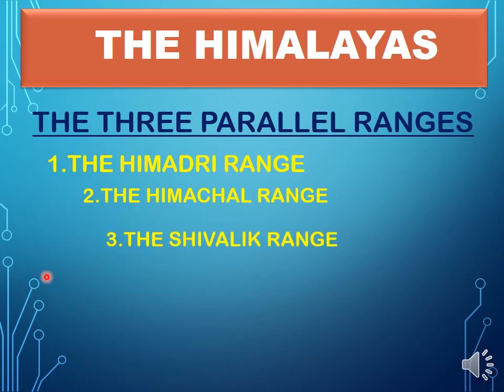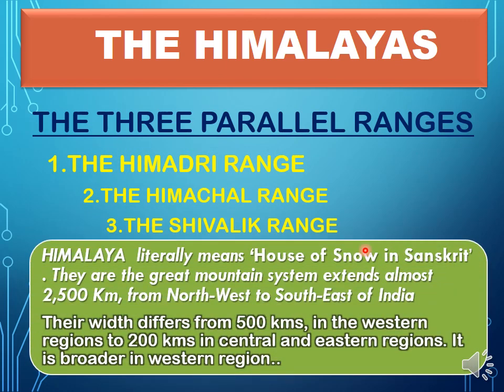The Himalayas consist of three parallel ranges. The northernmost range is the Himadri range, the middle range is the Himachal range, and the southernmost range is the Shivaliks range. Their width is also different. Their length is around 2,500 kilometers. Their width differs, up to 500 kilometers in the western region. The western region has more width compared to the eastern region.